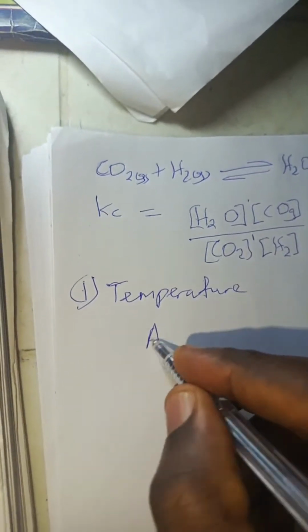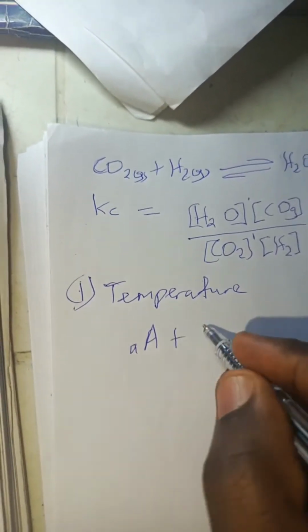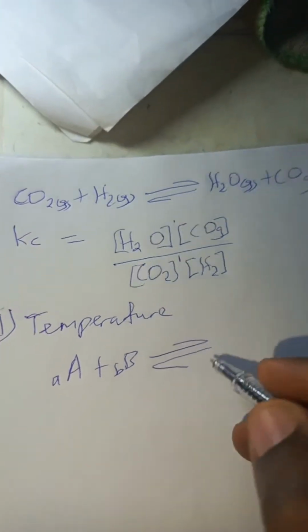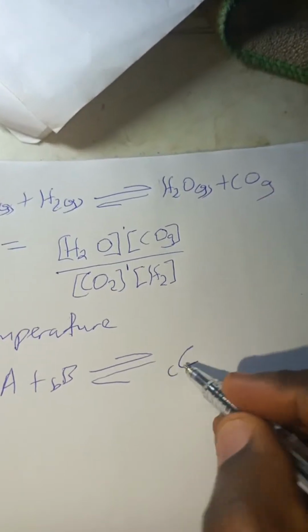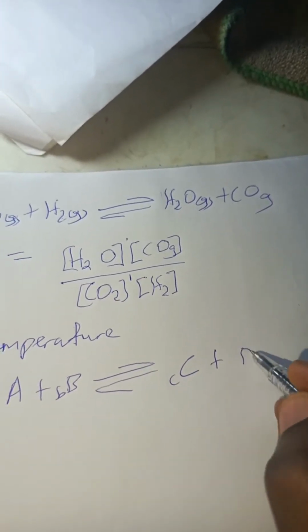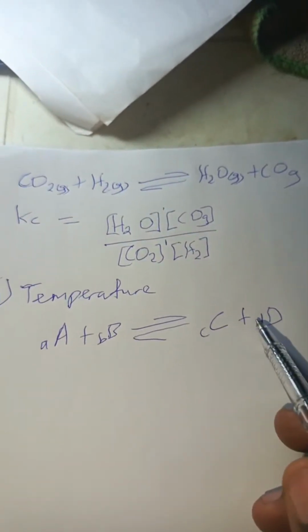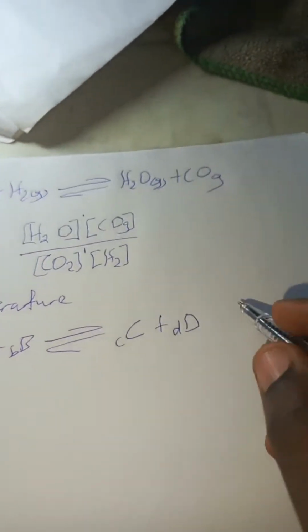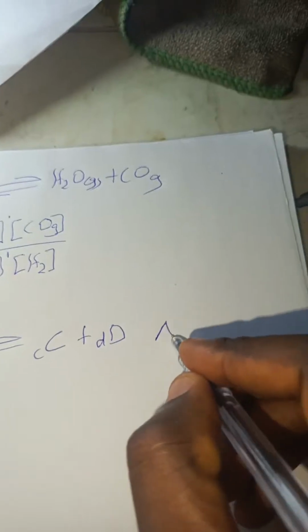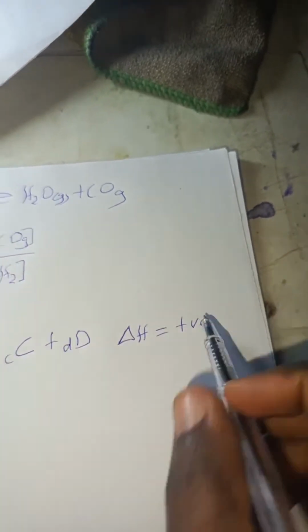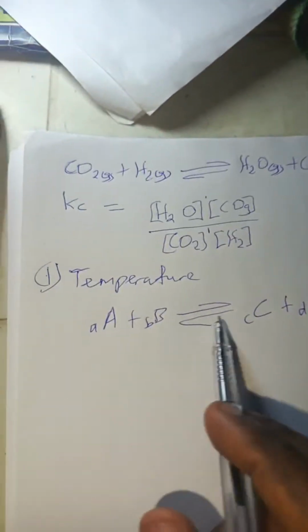If you have a reversible reaction like this, which gives us small c C plus small d D, just like that. Now, if they say it is endothermic, it means the change in enthalpy is positive. When it is positive, it is endothermic.